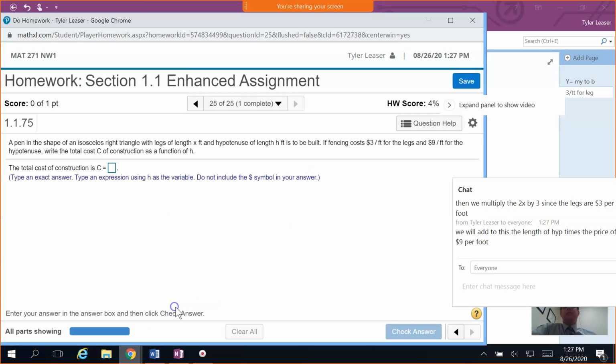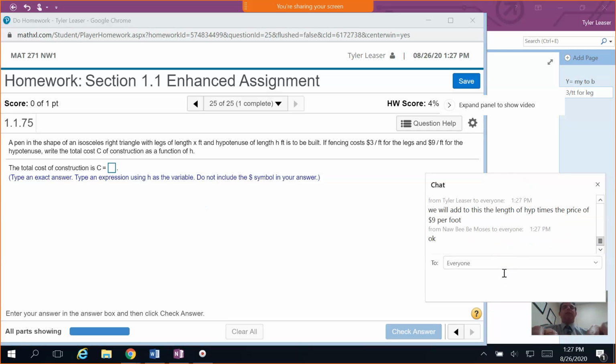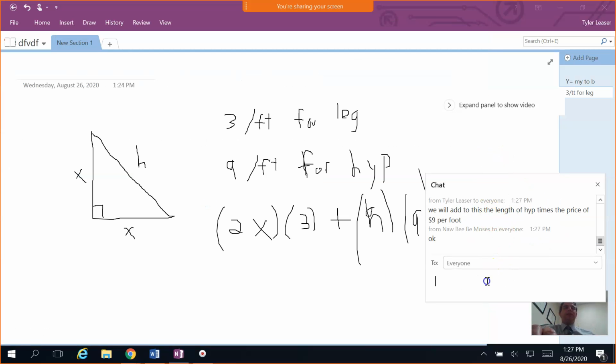So the last part of it, though, is that the question is only asking us to do this as a function of h. So we need to figure out a way of writing x as an equation of h.